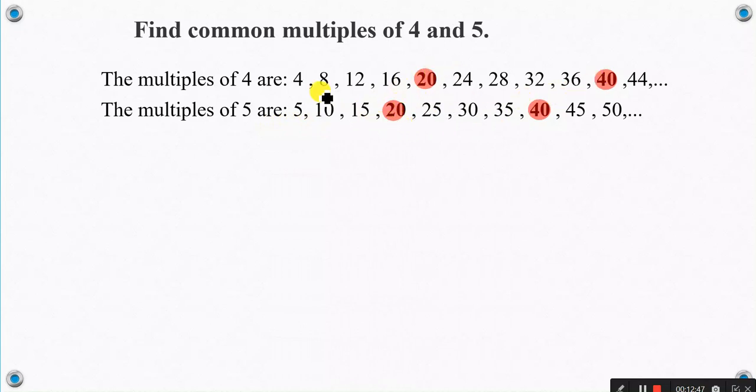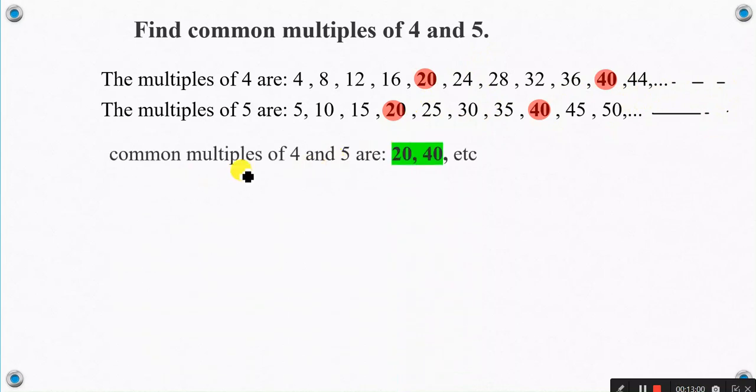So the common multiples of 4 and 5 are 20, 40, and it will continue. From this list, the least common multiple is 20.